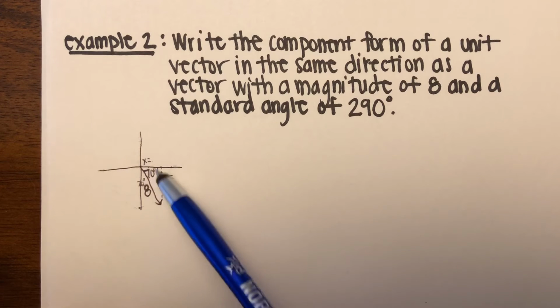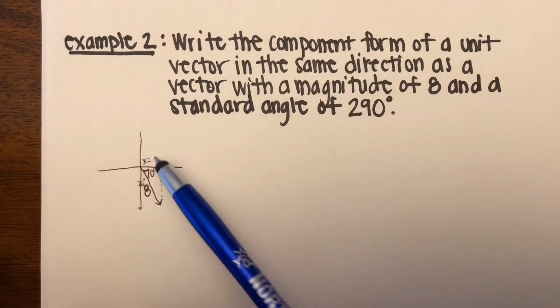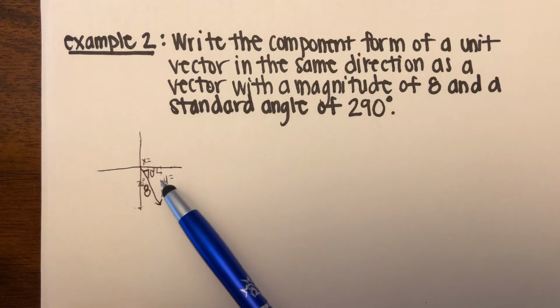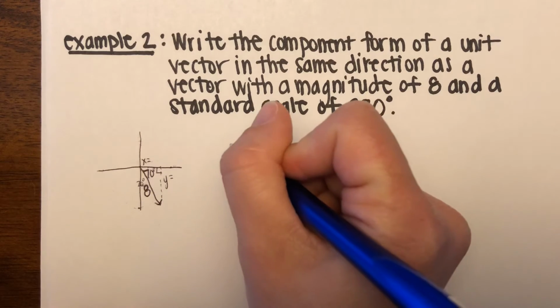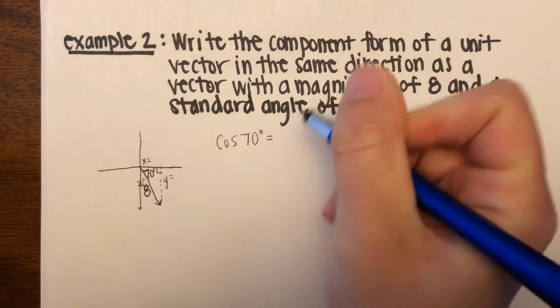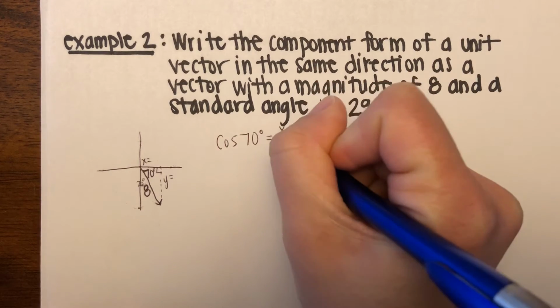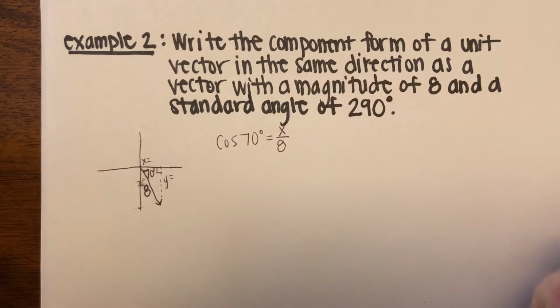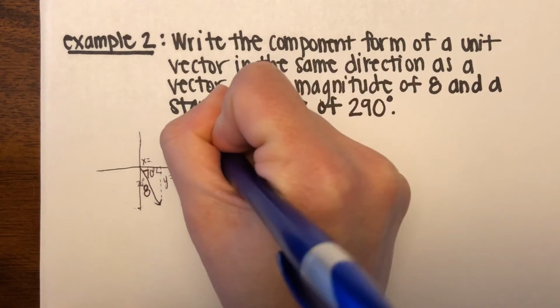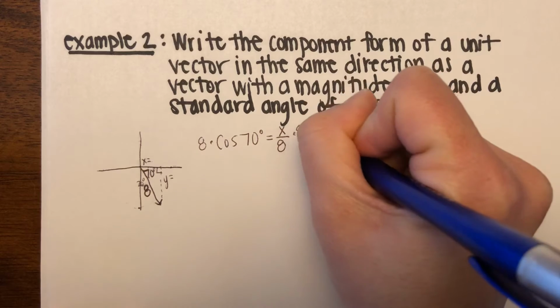The x from the 70-degree angle is adjacent, and the 8 is the hypotenuse. So let's go ahead and use cosine to find the x, because cosine is adjacent over hypotenuse. So cosine of 70 degrees is going to equal x over 8. And then you have to multiply both sides by 8 to get x by itself.